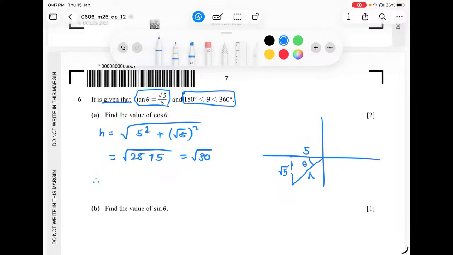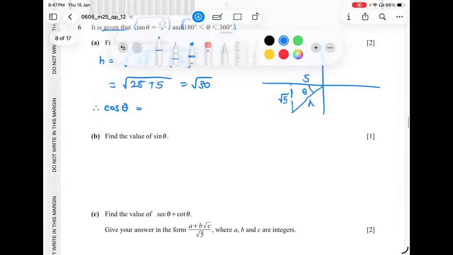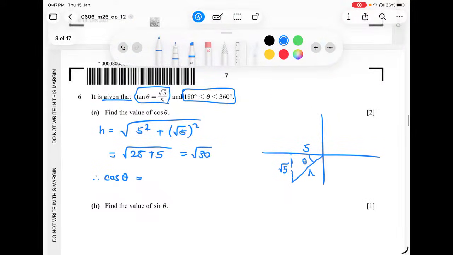So therefore cos theta is adjacent over hypotenuse, which gives you 5 over root 30. And since there's a root in the denominator, you need to rationalize this.